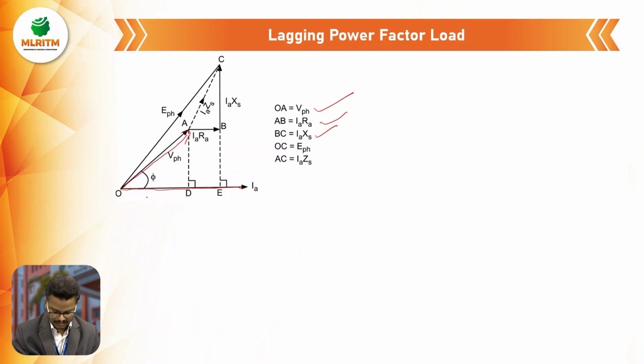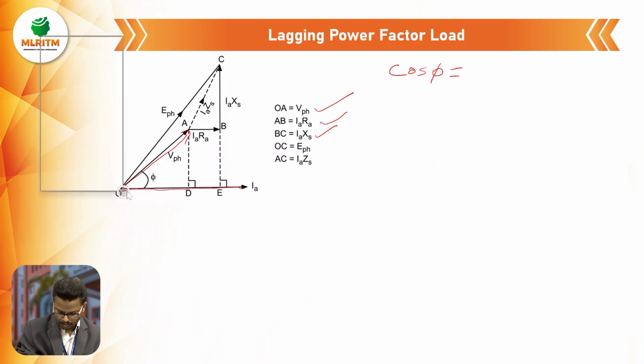Now here we have to take the cos of the angle phi. Cos phi is equal to adjacent side by hypotenuse. Here we are considering the triangle OAD.